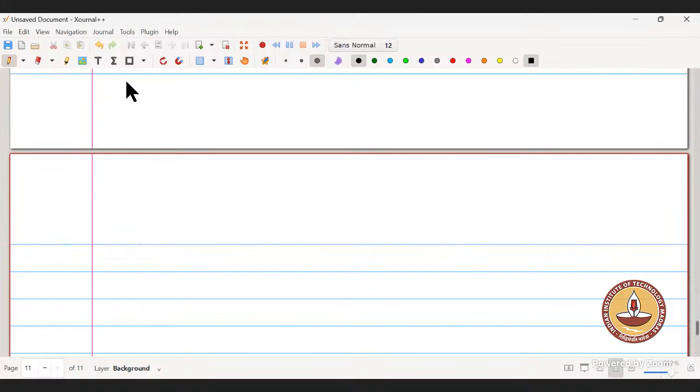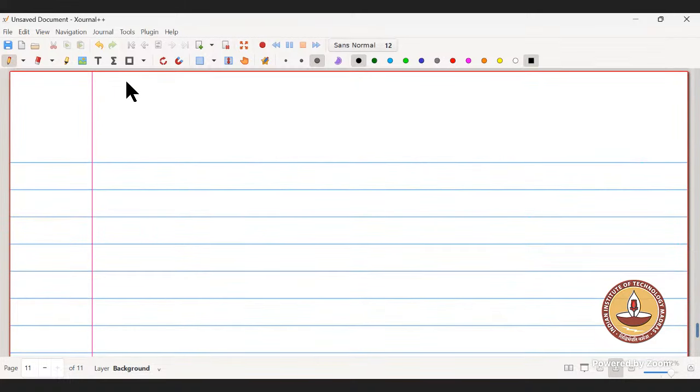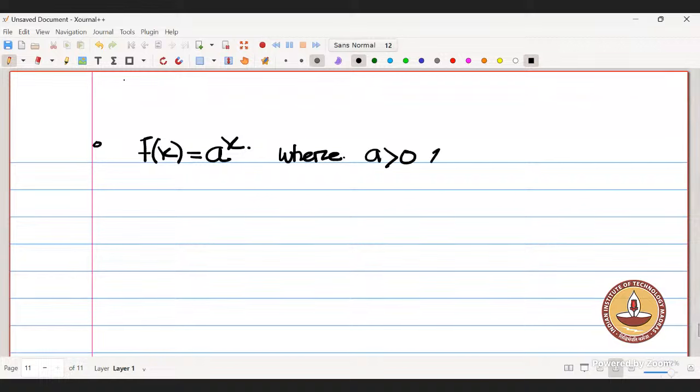Sir, what do we mean by exponential map? It's basically a map of this form, where a is greater than 0 and not equal to 1. If you have a map of this form, then this is precisely an exponential map, right?